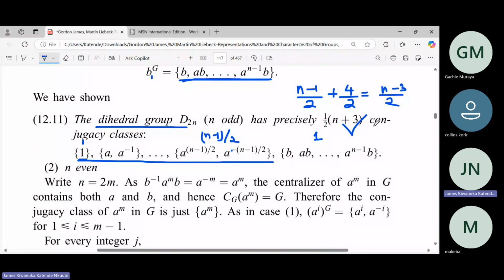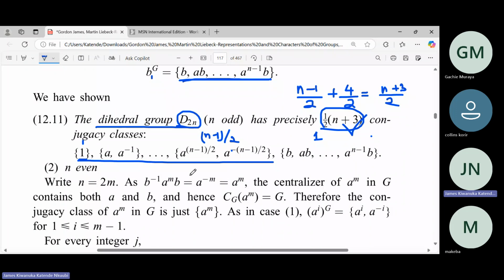So that's how you get this. No, n plus 3, because we have minus 1 plus 4. That should be (n plus 3) over 2. So these are the total number of conjugacy classes of the dihedral group of order 2n when n is odd.